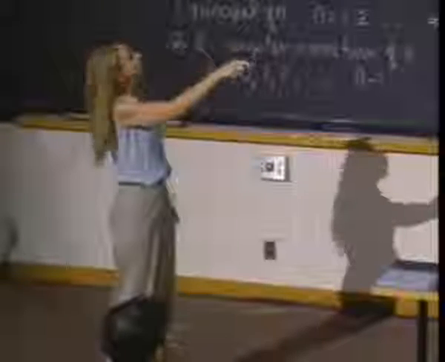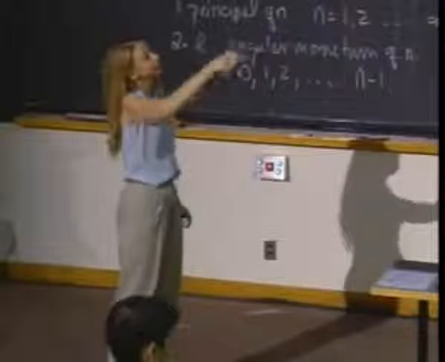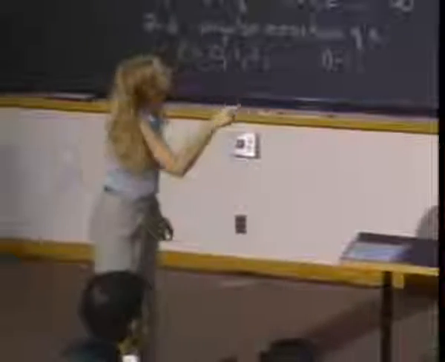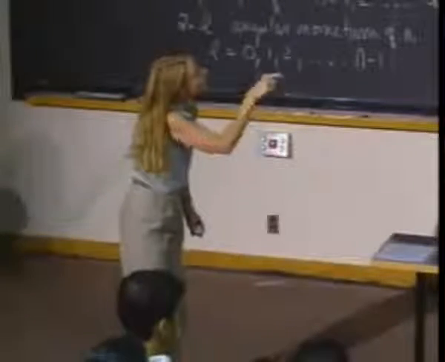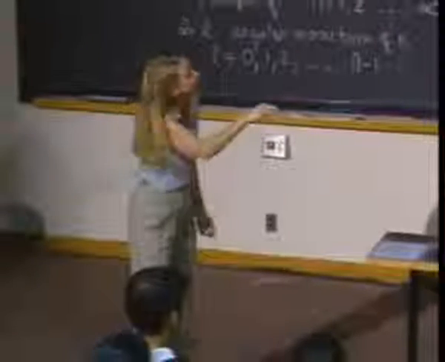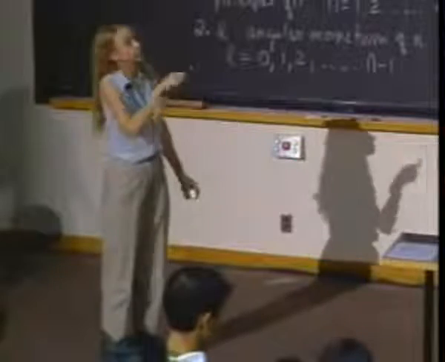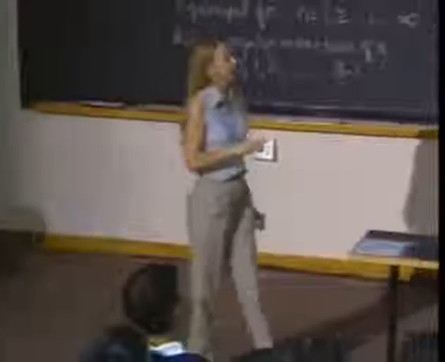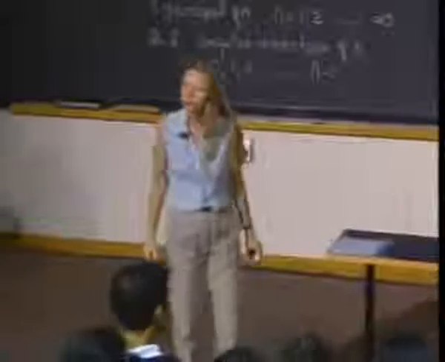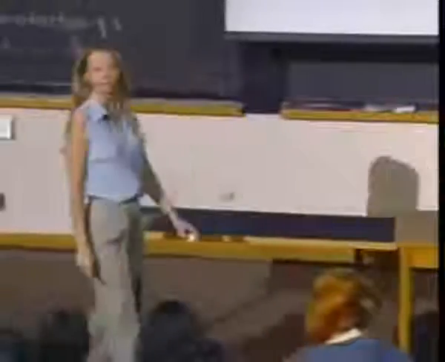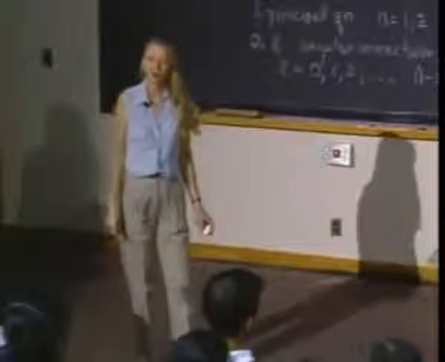Same thing for this state. They're all 2p's, because L is equal to 1 for all these three states, and n is equal to 2. Now, if I had here an angular momentum quantum number of 2, we'd call that a d orbital. If I had one where L is equal to 3, I'd call that an f orbital, and so on and so forth.